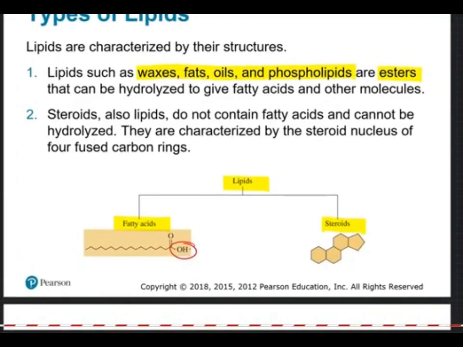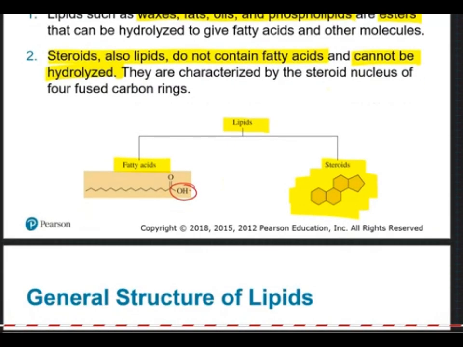On the contrary to fatty acids, steroids do not contain those long chains or an ester group, and therefore cannot be hydrolyzed, cannot be broken down. But they have this nucleus of 4 aliphatic, non-aromatic, fused carbon rings.